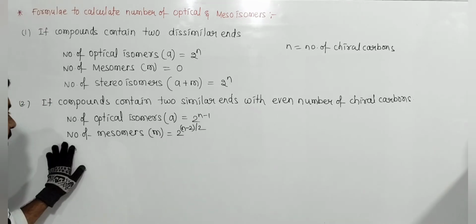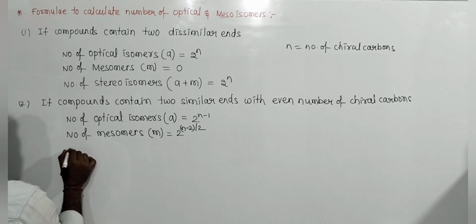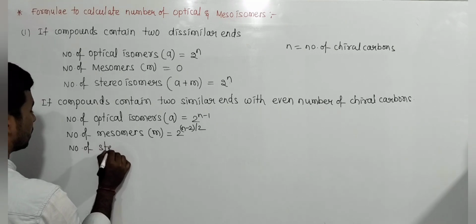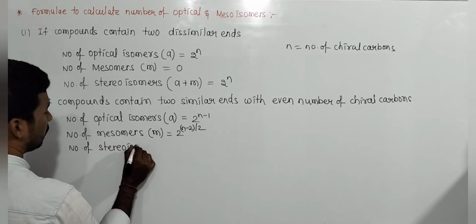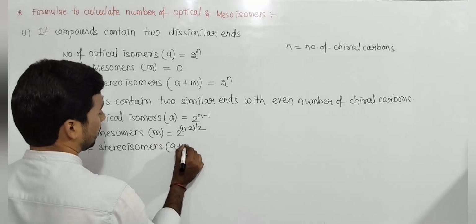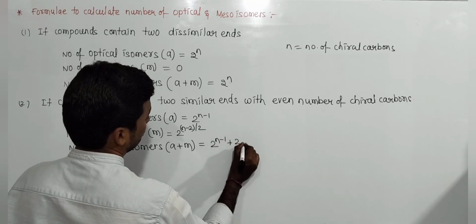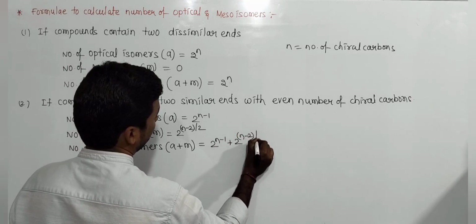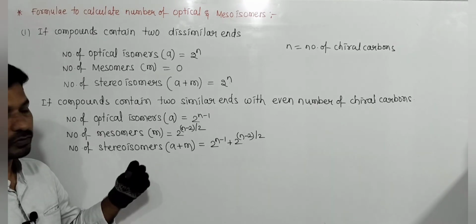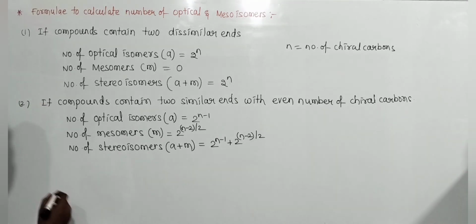So remember this formula: the number of mesoisomers is equal to 2 power n minus 2, by 2. The total number of stereoisomers is equal to a plus m, that is 2 power n minus 1 plus 2 power n minus 2 whole by 2. So these are the formulas we use to calculate the number of optical isomers and mesomers in a given organic compound.